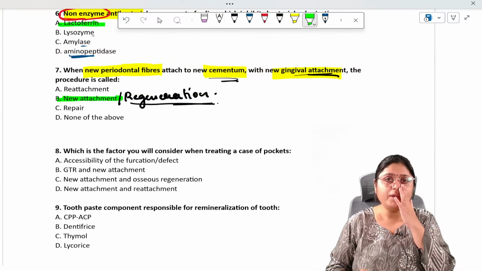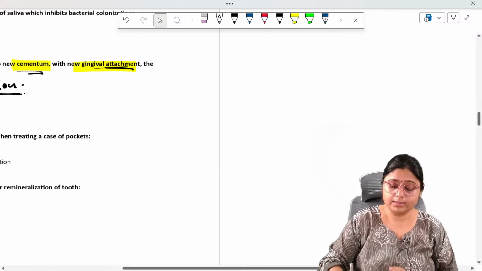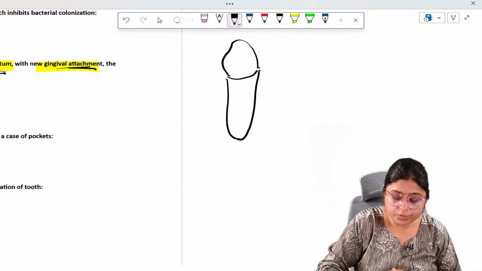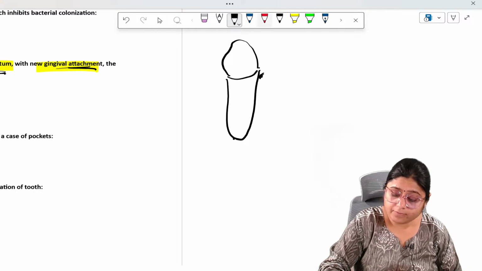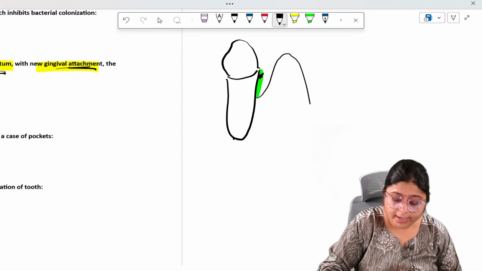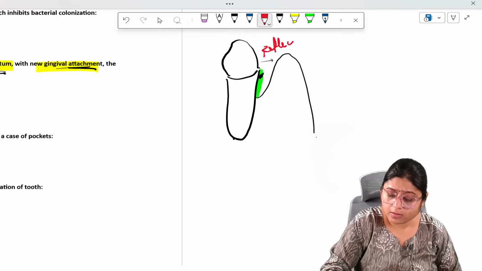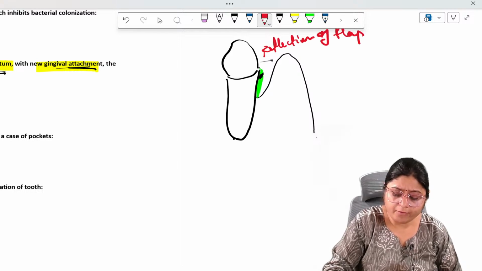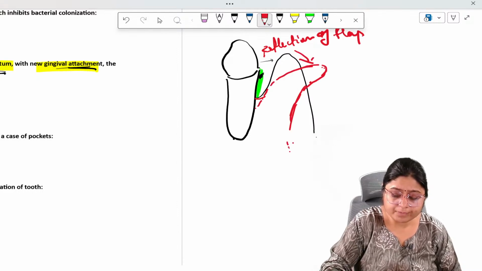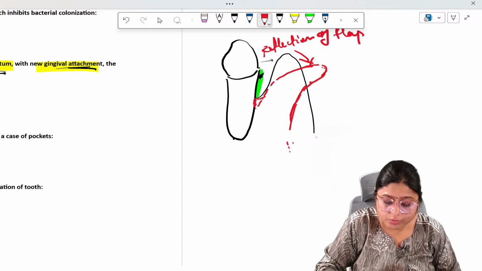What is reattachment? Whenever we are elevating a flap, let me explain it to you. This is the tooth surface, and this is the infection or the plaque and calculus on the root surface, and this is the pocket. Now I have reflected this flap, so some amount of flap will be removed from here also, and here the tissue was not diseased.